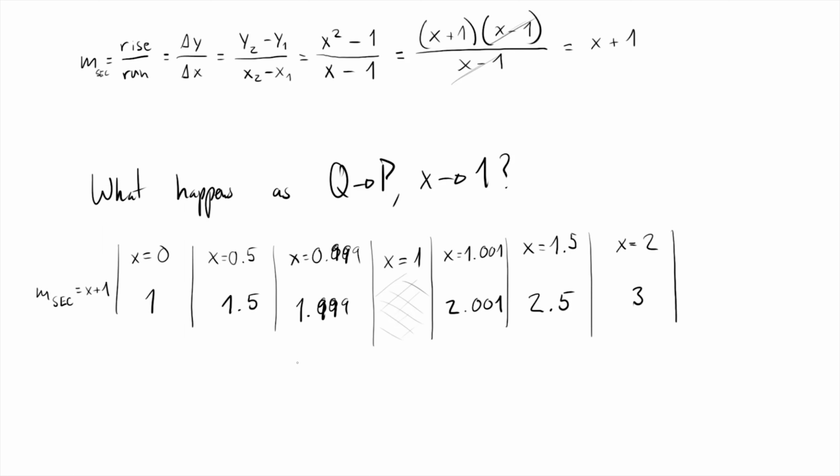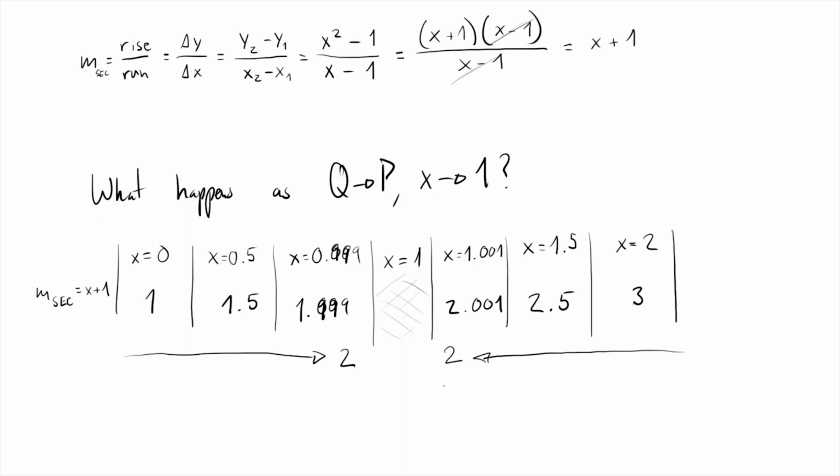From the left-hand side, as we approach 1, we can see our value going from 1 to 1.5 to 1.999. If you do a few more of these, you'll start to see that we are approaching 2. And from the right-hand side, you can see 3, 2.5, 2.001. If we kept going, you'll notice that we are approaching the value of 2.